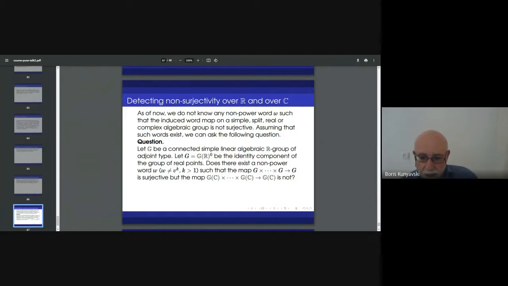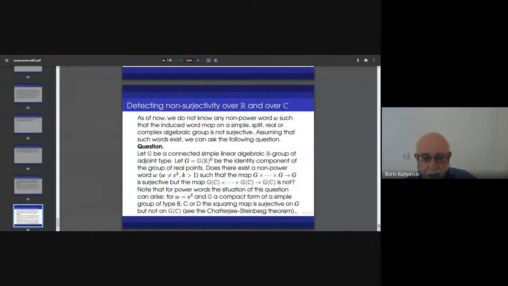No answer so far, but to convince you that this is a meaningful question, let me make the last remark. If we consider power words, such a situation can happen. Once again, I remind you of the Chatterjee-Steinberg theorem.